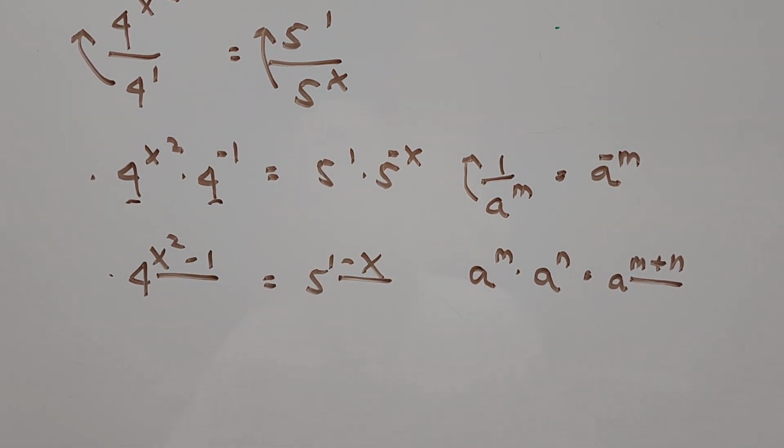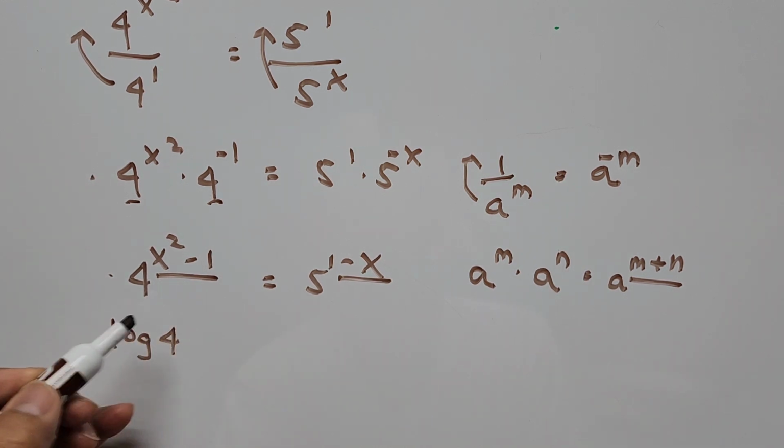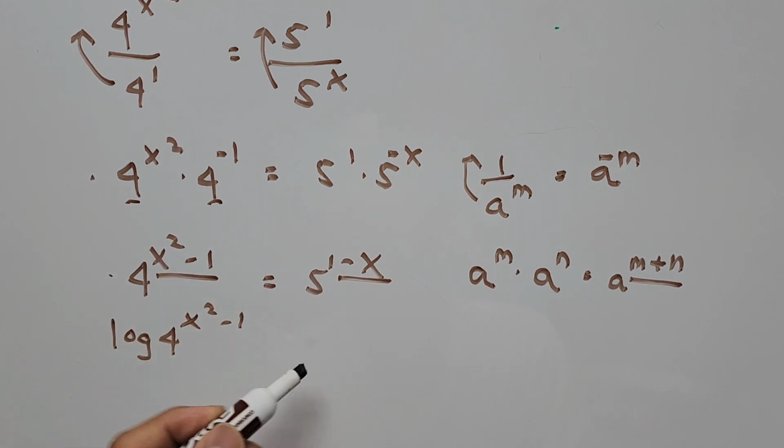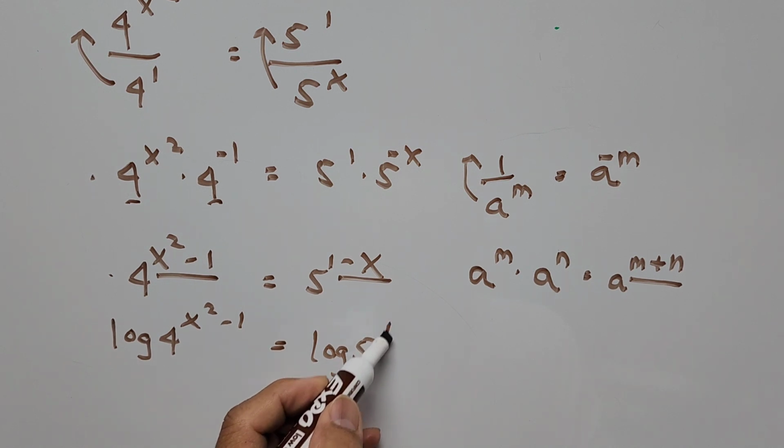From here, we take the natural logarithm or the common logarithm on both sides of the equation. In here, we just take the common logarithm. So we have log of 4 to the power of x squared minus 1 equals log of 5 to the power of 1 minus x.